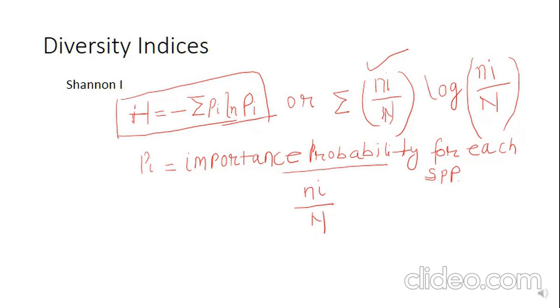What does this ni represent and what does capital N represent here?